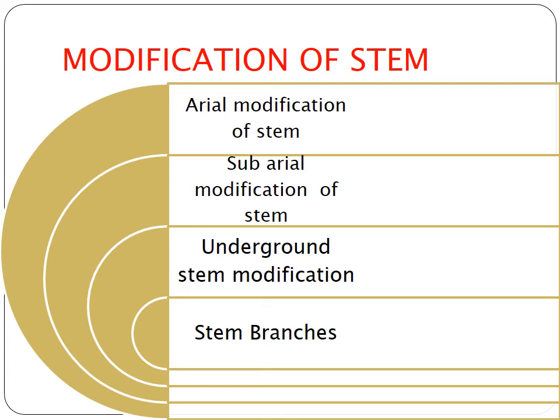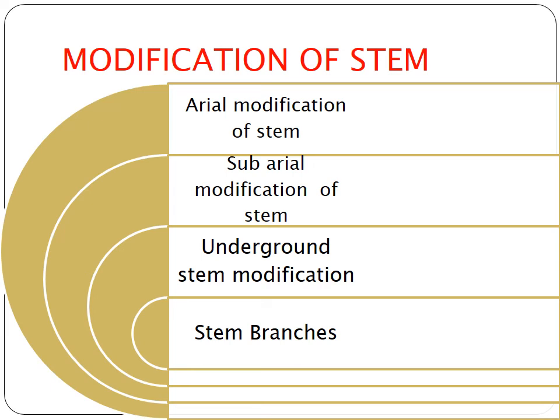The mode of arrangement of branches on the stem is known as branching. There are two main types of branching: lateral branching and dichotomous branching.